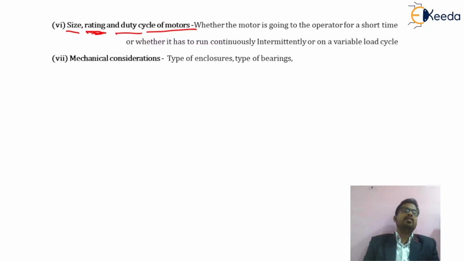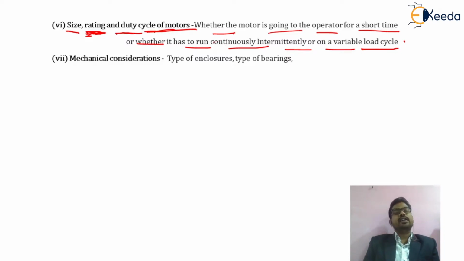Depending upon the power rating, current rating and the load requirement, we can choose the electrical drive. Then the next parameter is called duty cycle. Duty cycle means whether the motor is going to operate for a short time, or whether it runs continuously or intermittently on a variable load cycle. Such understanding is very important while choosing the electrical drive for a particular application.